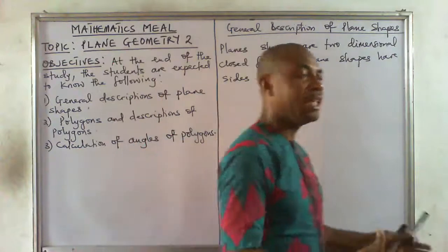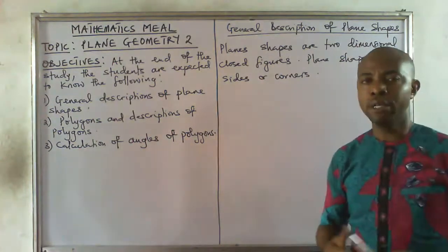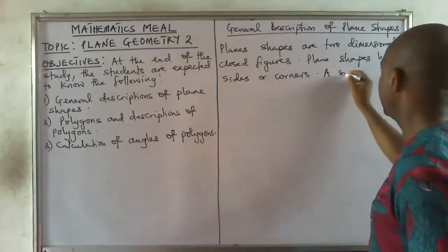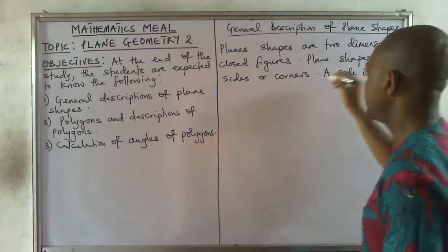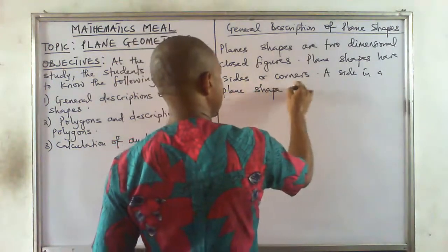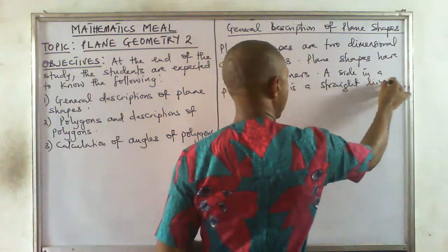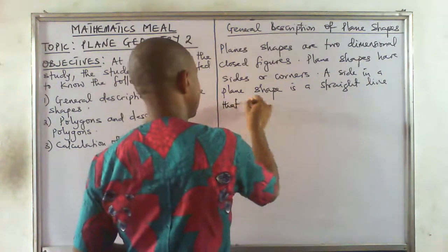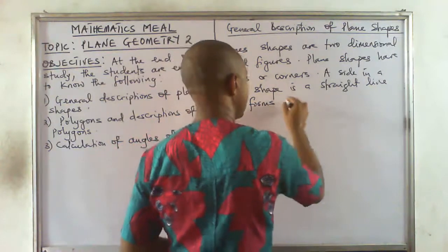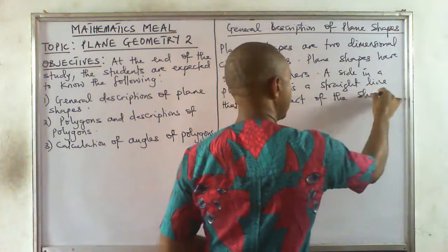Sides and corners. A side in a plane shape is a straight line that forms part of the shape.